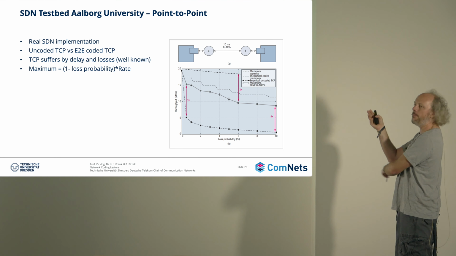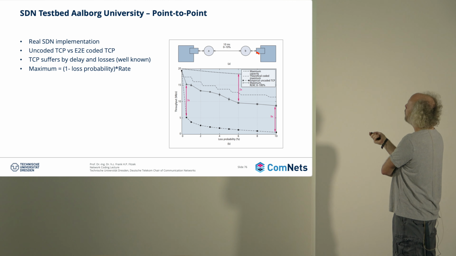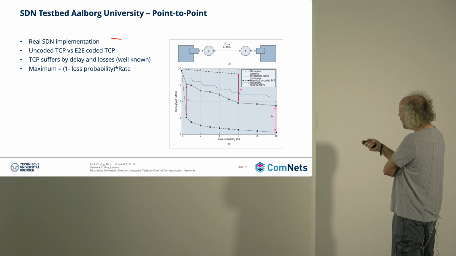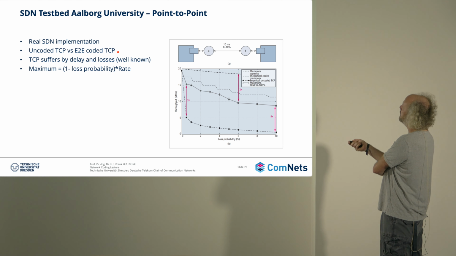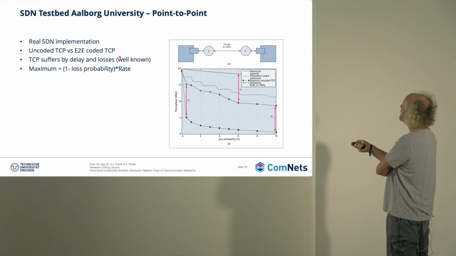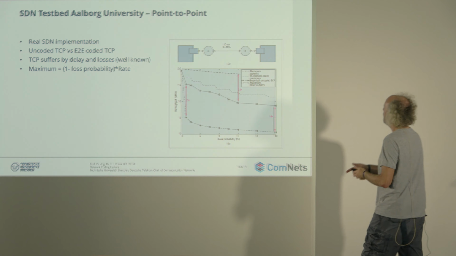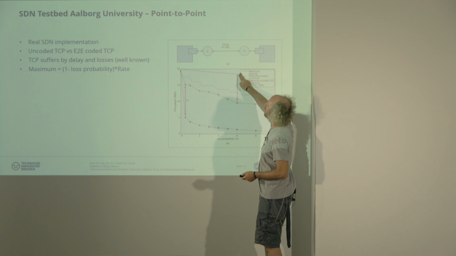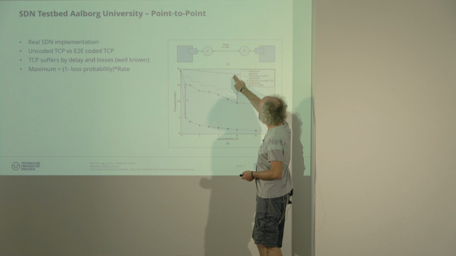Now, I'm coming back to these topologies again. If you now have point-to-point, there's a real SDN testbed. We have uncoded TCP versus end-to-end coded TCP. And then you see here, this is the theoretical capacity of your link. It's only 1 minus loss probability by the rate.